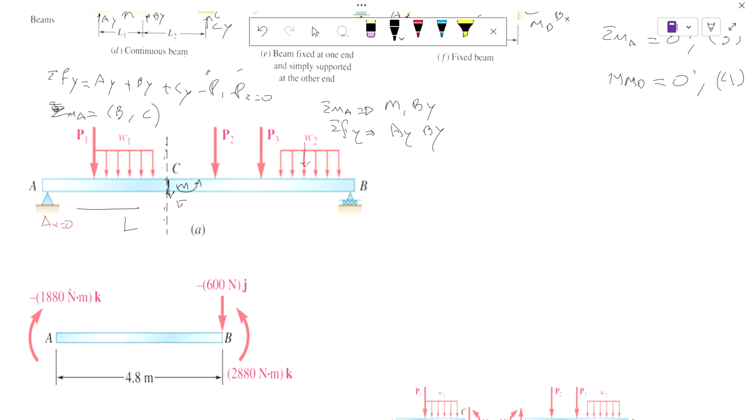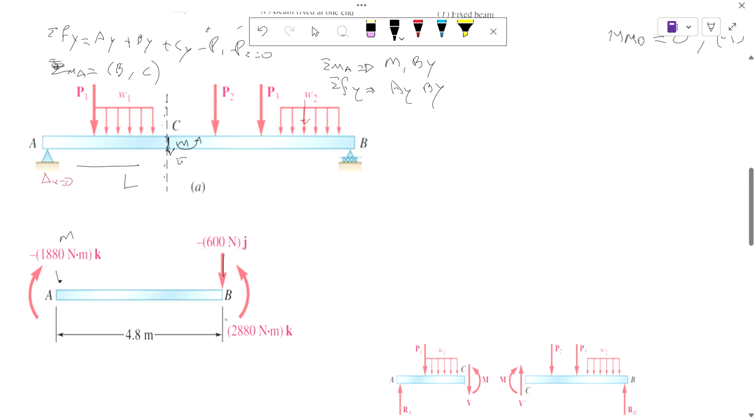And the concept is that when you cut it, let's say they're telling us that, for example, we have a force at A that is negative 1880 Newton meter. This is not a force, this is a moment. And this is a force that is a negative force, 600 newtons. Okay, and then we have a moment of 2880 Newton meters. So this is moment at A. This is moment at B. And this is a force at B, Y. So all those things show up once you start cutting sections, right?